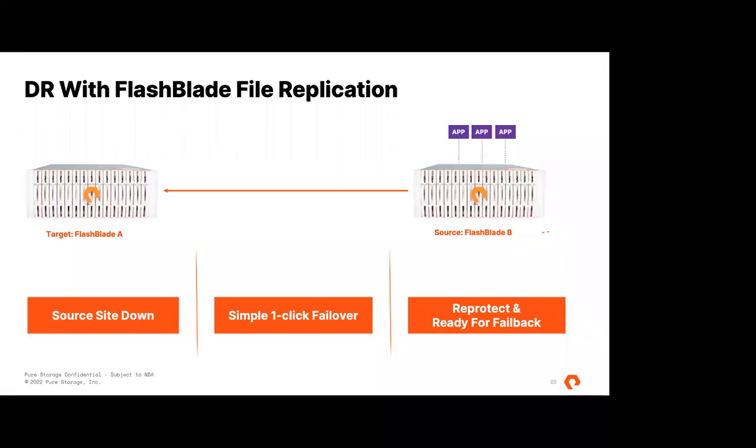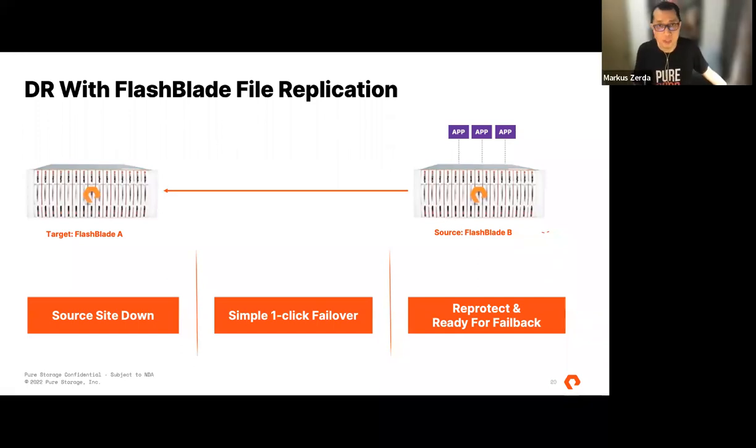Or if you want, you can mount it when you have a disaster as well. So you can do the pre-work, which is pre-mounting the file systems, and then once it's done, you can just one-click promote. That's it. Very simple. Okay. Just checking.